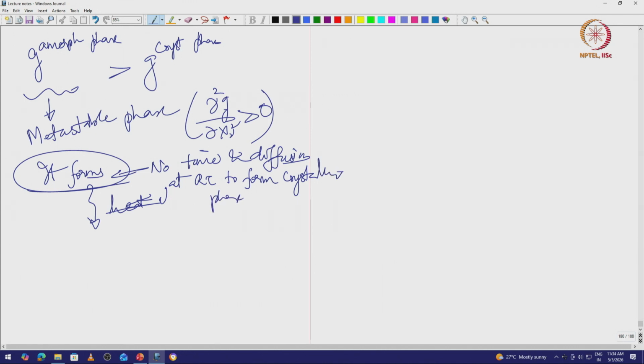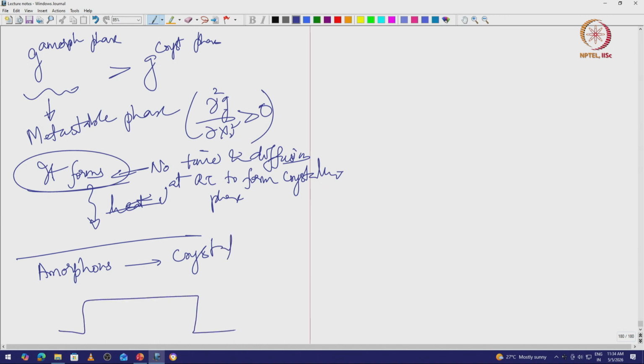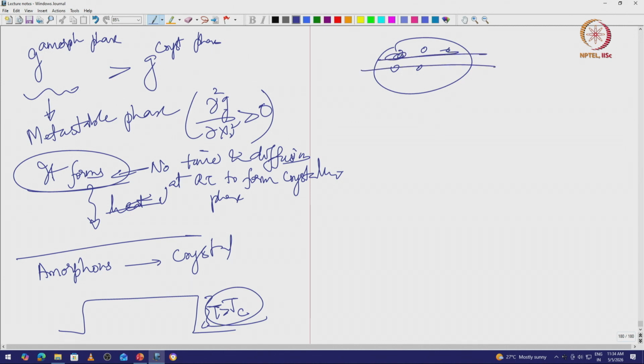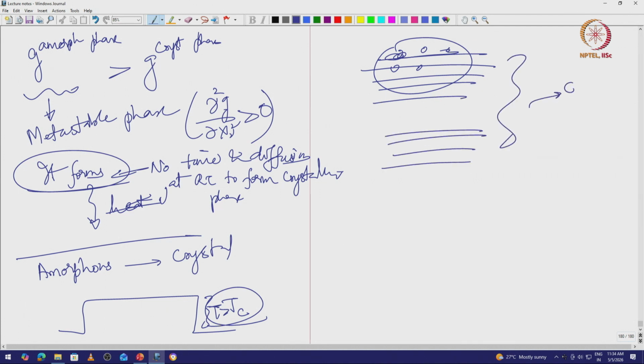Now, if I really want to form the crystalline phase, then I give another laser pulse. This time this laser pulse is going to heat the material to a temperature greater than the crystallization temperature. When the temperature is beyond the crystallization temperature, it does not need to be beyond the melting temperature, then the atoms in the amorphous phase start to reorganize, starting to form these planes of germanium, antimony, and so on, and it forms a crystal.